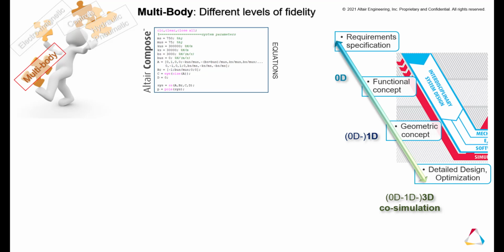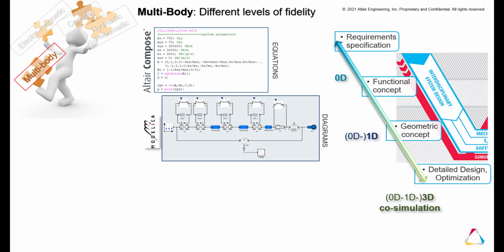If we're thinking about multi-body dynamics, this set of equations would look something like this, scripted using our open matrix language. But you can choose to model that exact same system using our Modelica library for physical mechanical components, and that would look something like you're seeing in the middle here.